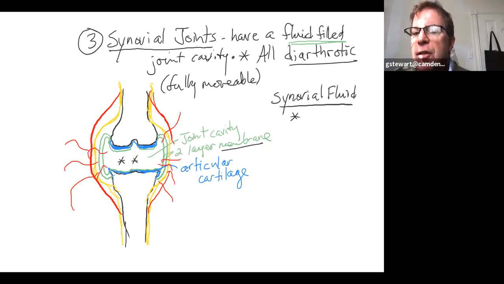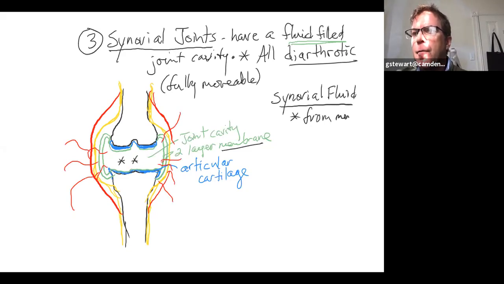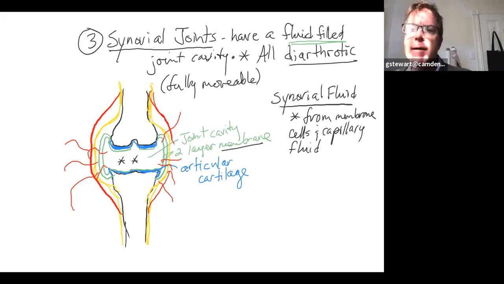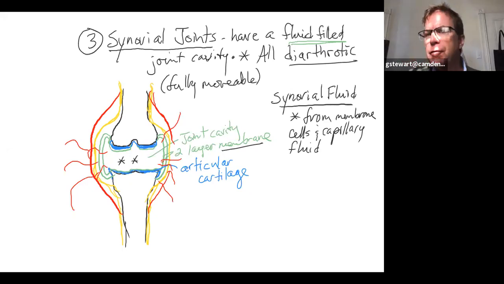So the derivation of this fluid is from membrane cells and capillary fluid, aka blood plasma. Synovial fluid, the characteristics of it, I'm not going to write this out for you, but it gets its name because it strongly resembles an uncooked chicken egg white.